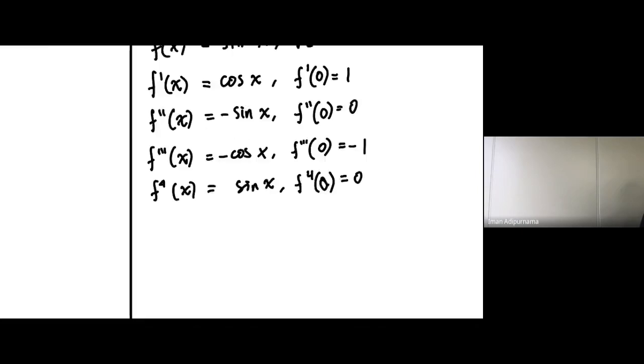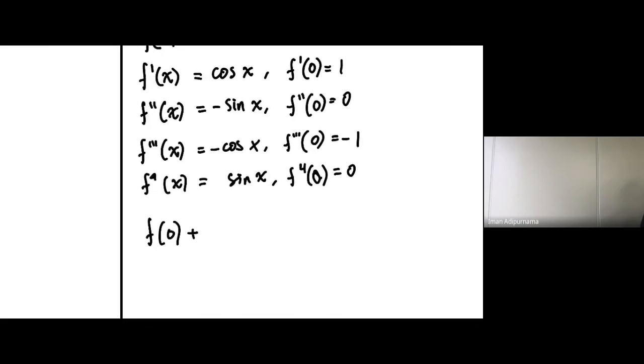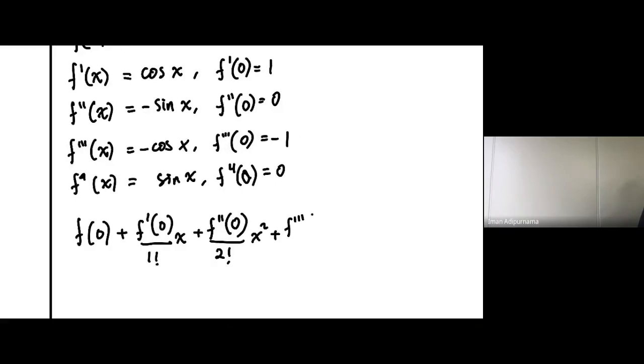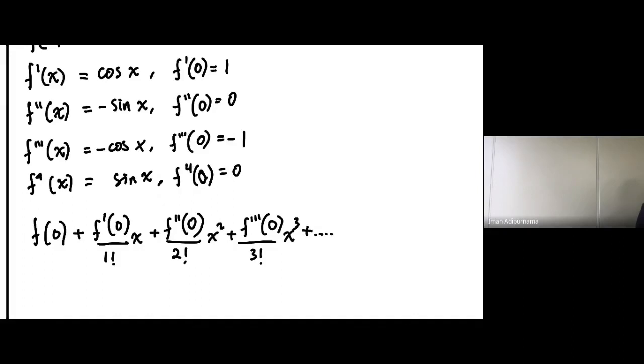Okay, let's write the series from f(0) plus f prime(0). So f(0) is 0, and f prime(0) is 1, so it's x plus 0.